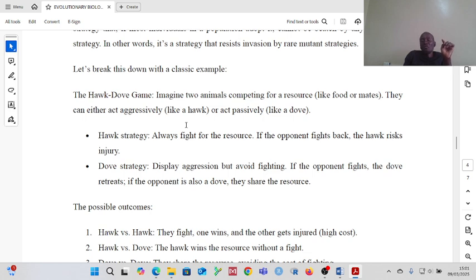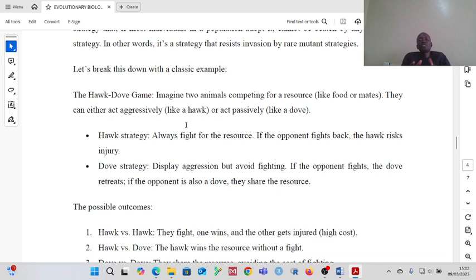But if the opponent is also a dove, meaning it will not want to fight back, then now what happens is they share the resource. Okay? So there are two organisms here with different levels of aggression and different strategies.